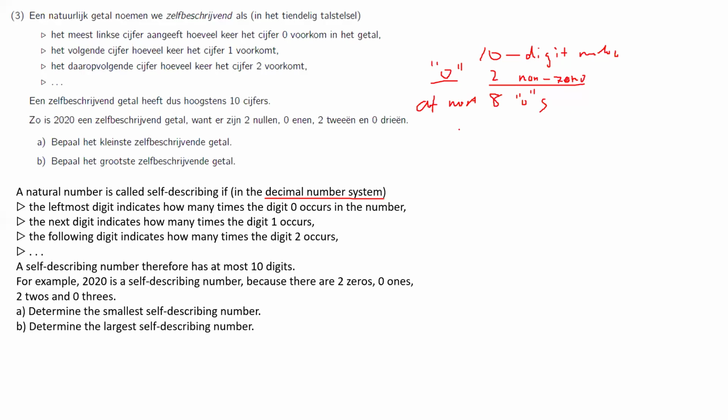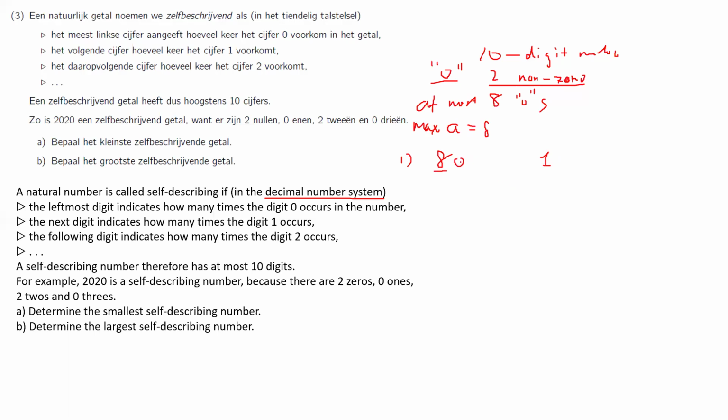So the first digit A is at most 8. So we start with 8. If we start with 8, it's natural that the digit 8 appears once, because we have one 8, and the rest is 0.